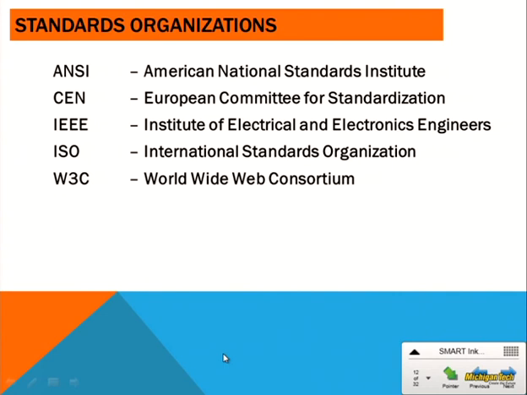So there are many standards organizations in the world and also in the United States. Here I just list some of them. The first one is called the American National Standards Institute. This is based in the United States. The second one is called CEN, the European Committee for Standardization.